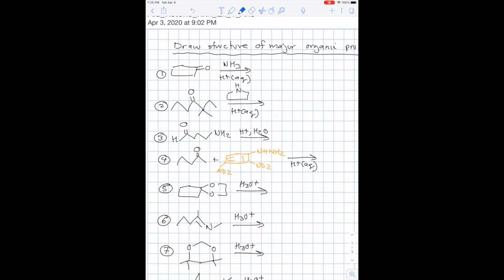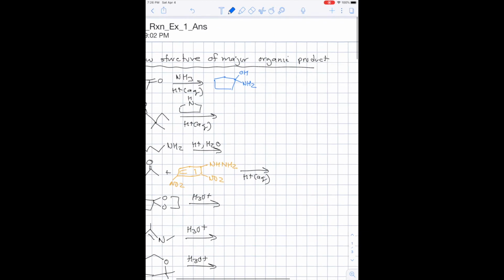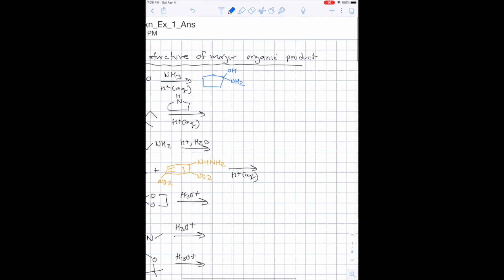So the first one, we have a ketone and ammonia, and ammonia acts in the same way that a primary amine would, RNH2. And so the product that we're going to get, sometimes students find that it's helpful to draw out the carbinolamine.